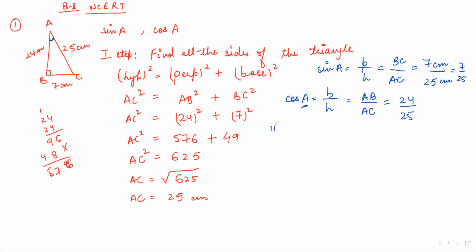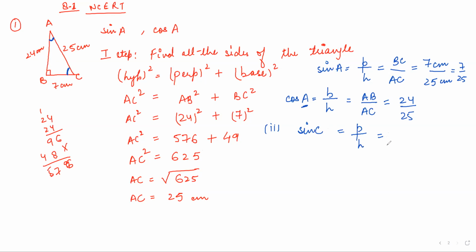Now second part also we can do right here. Now you have to find sine of C also. Now look at angle C this time. Again, the ratio is perpendicular upon hypotenuse. Now which side is perpendicular? Tell me. A. A is just angle.